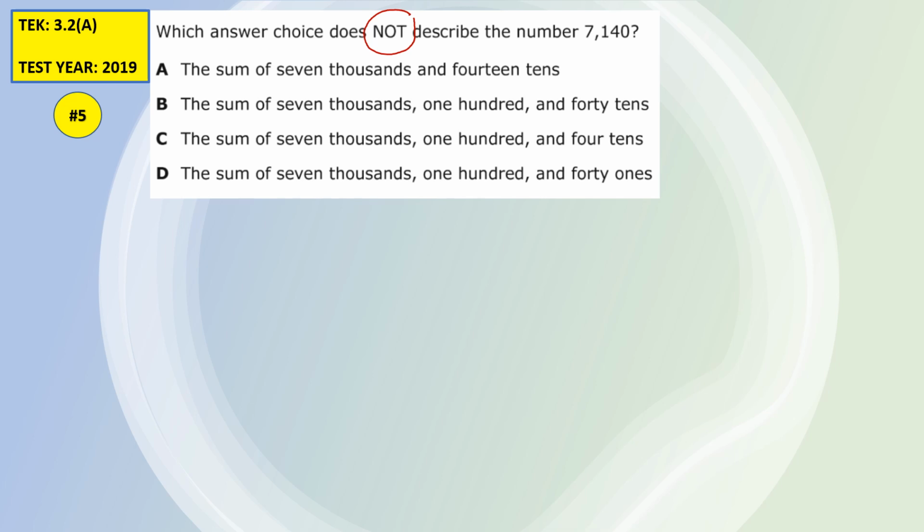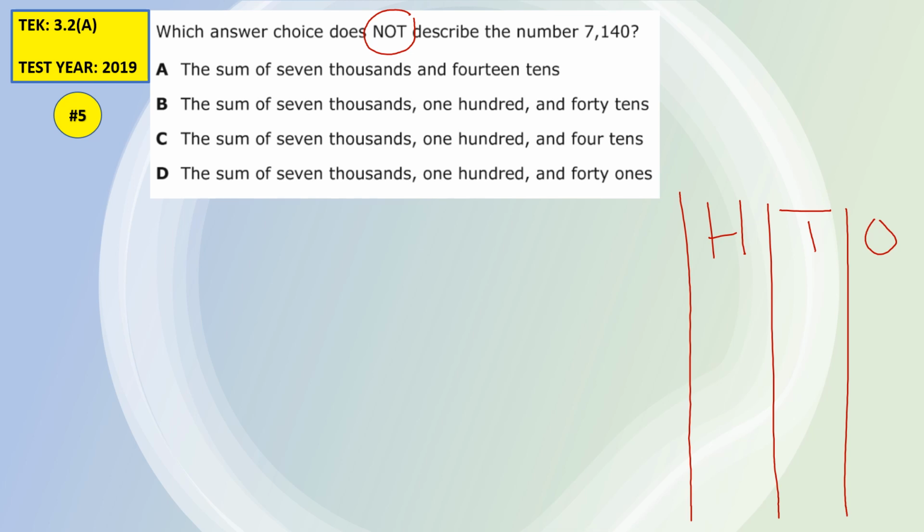And I'll show you what I mean. The sum of 7,000s and 14 tens. Now, let's go ahead and create a place value chart so that we can plug those answers in. And then we can use that to help us get rid of all the correct answers and keep that wrong answer that we want so badly.